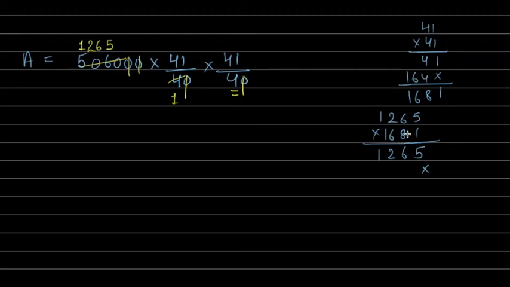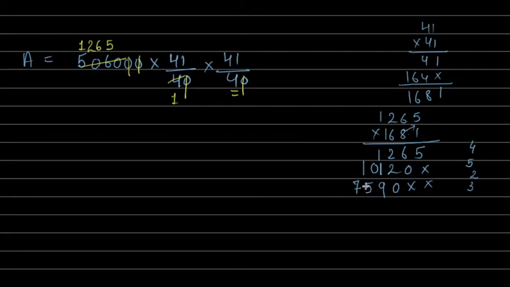Be very careful with the calculation. Now 8 5s are 40, 4 carry, 8 6s are 48 plus 4, 52, 8 2s are 16 plus 5, 21, 8 1s are 8 plus 2, 10. Now we'll place 2 crosses, 6 5s are 30, 6 6s are 36, 39, 6 2s are 12 plus 3, 15, 6 1s are 6.